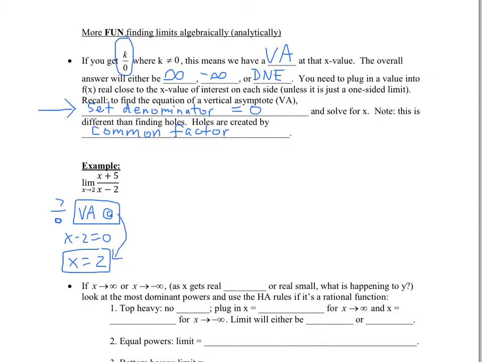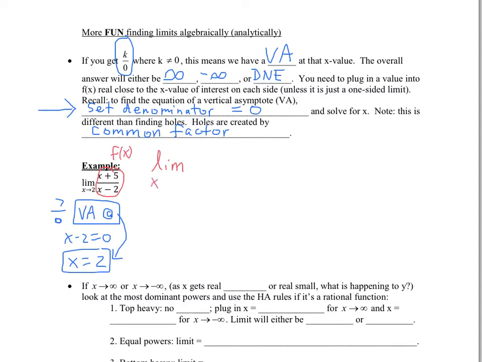Now back to the limit question. Trying to find the limit of this function as x approaches 2. So what we're going to have to do here is plug in values really close to 2. Now let's suppose we call this f of x.